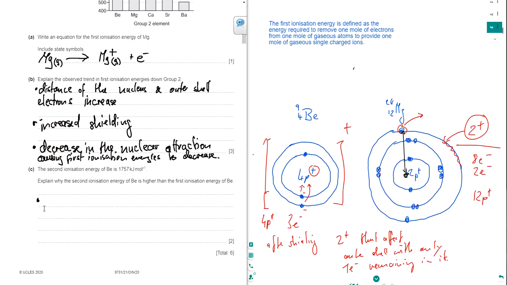So we have a greater or increased nuclear attraction.